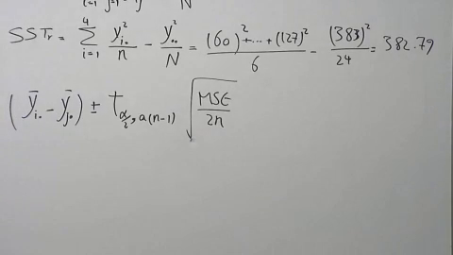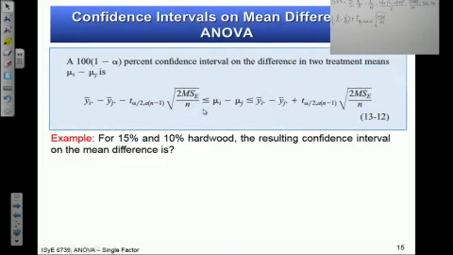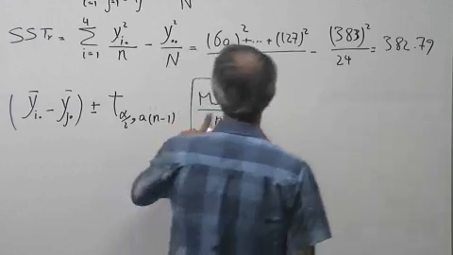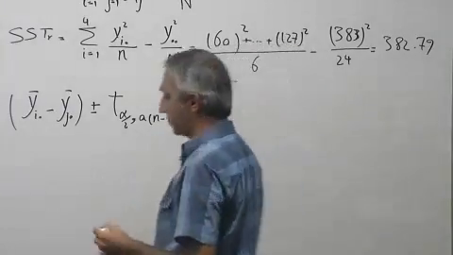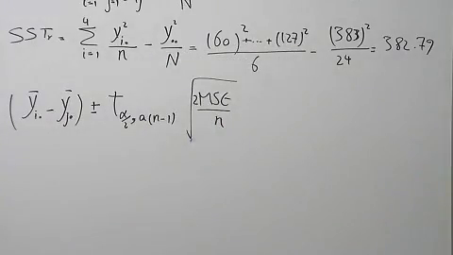Just want to make sure this is correct. Yeah. Oh, 2 MSE, sorry. Yeah, because we have two populations, so it should be 2 MSE divided by n.